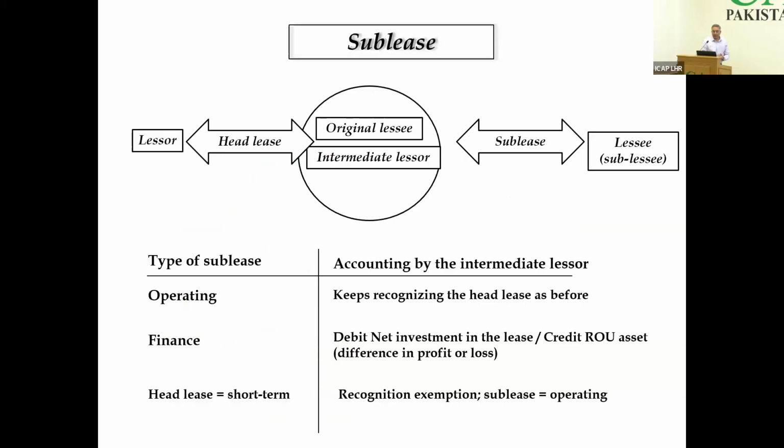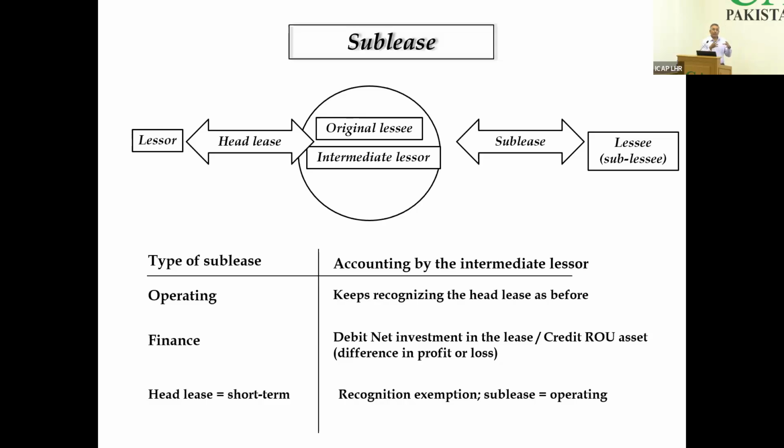Okay. And then there is a sublease. Sublease means there is a lessor which leases the asset to a lessee, but the lessee, after getting the asset, also subleases the asset to another lessee. In that case, it's very important that in case of sublease, the head lessor is the lessor which is doing the accounting of lessor under IFRS 16.